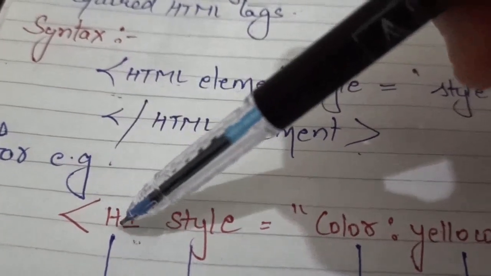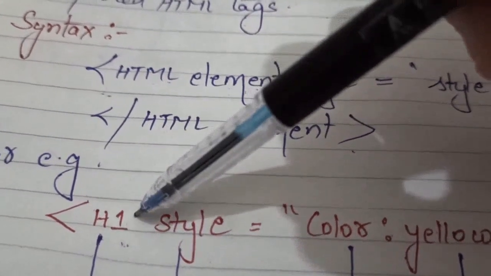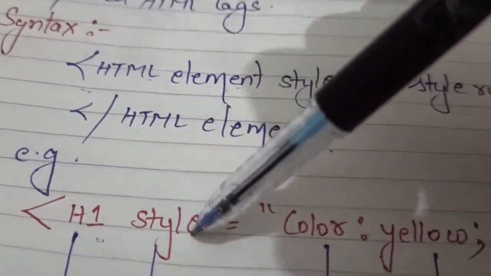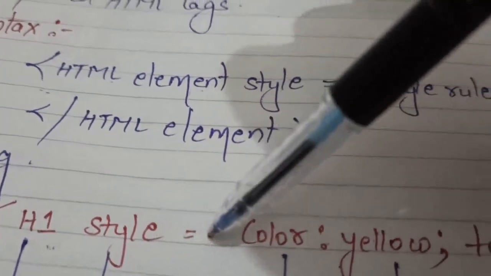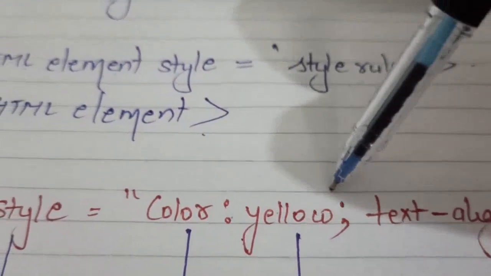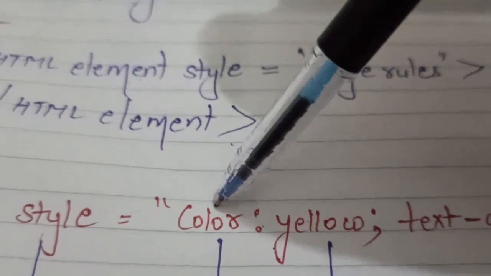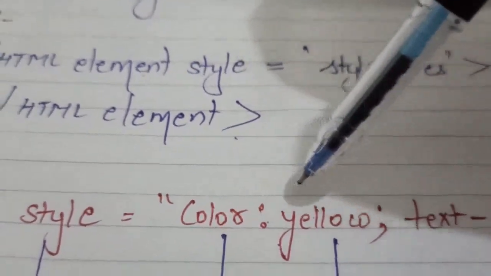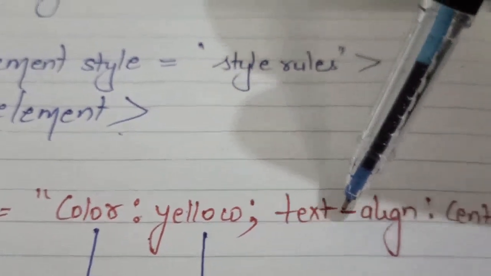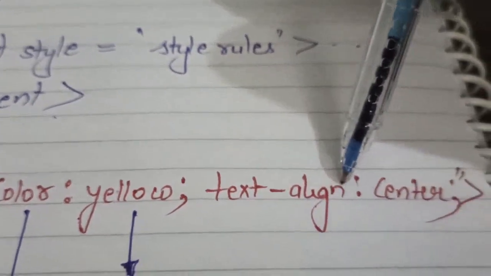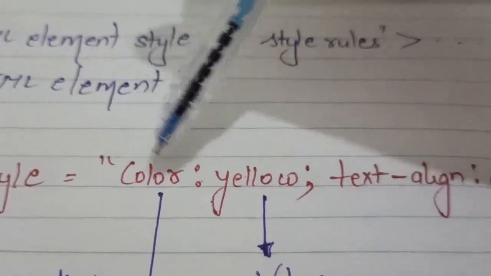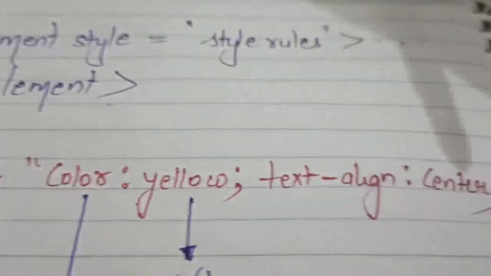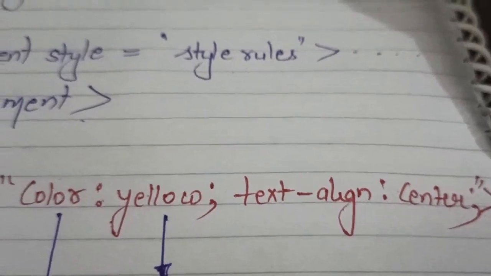Like for example, h1, which is HTML element, that is heading 1, then style, which is the attribute as I am specifying the inline style sheet, then equal to, then this is the syntax for CSS, that here I have defined the property name, then colon, then value, then semicolon, then next property name, that is text align, then colon, then value. And these should be in double inverted commas, and after that the angle bracket has been closed.